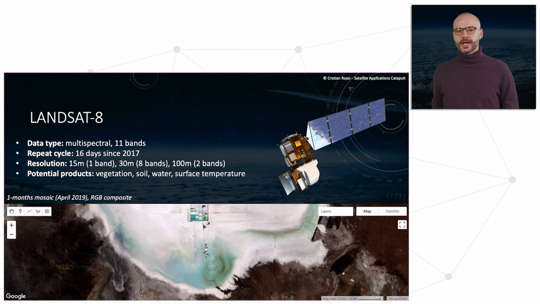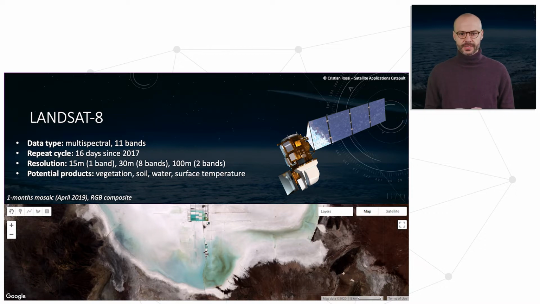This series of slides is shaped as we see here, where we have our mission, a picture of the satellite, and a remote sensing image over a specific area. In this case, the area is in Bolivia, in a region called Salar de Uyuni.